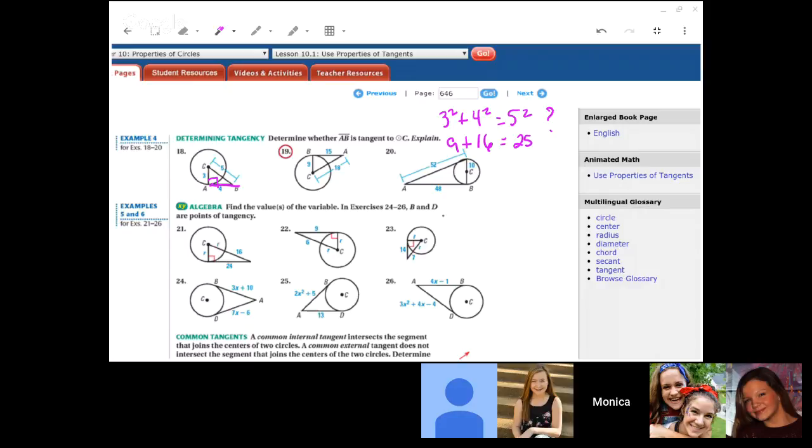Yeah, Abby. Okay, so 576 plus r squared, and then what's on the other side of the equal sign? Yeah, that's right, Natalie.